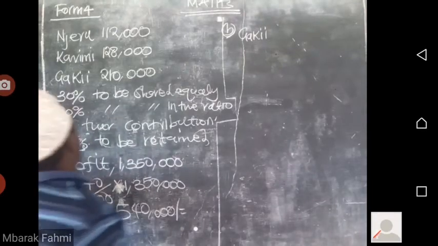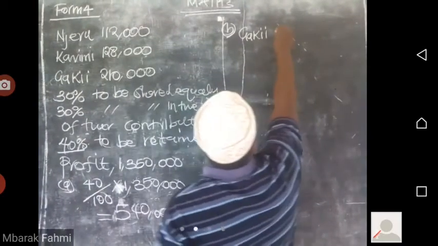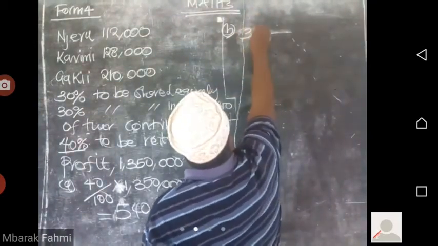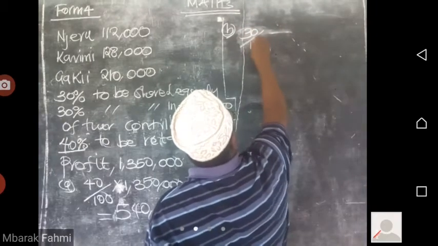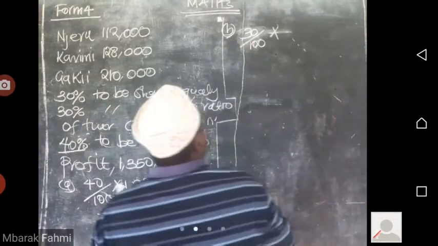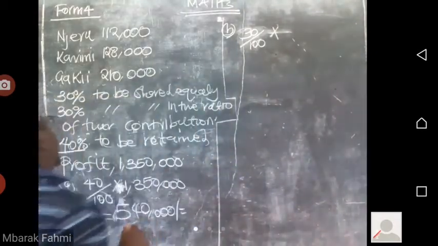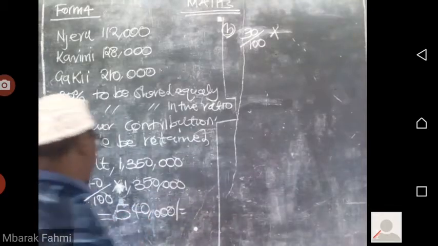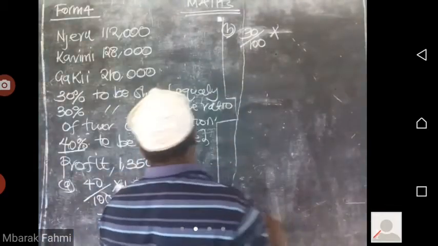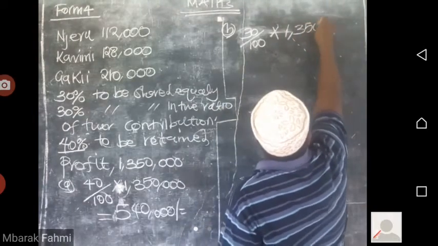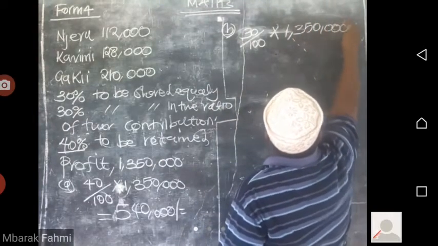So 30% to be shared equally, it will be 30 over 100 times the total, which is 1,350,000. Okay.